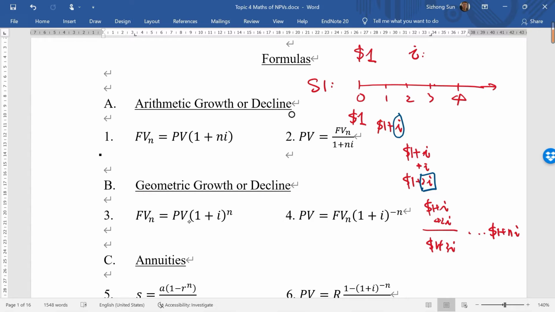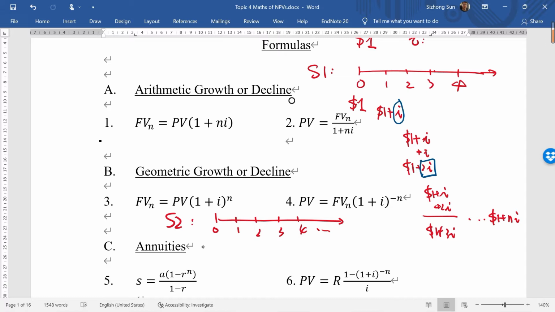Second strategy. Okay, again in the beginning I have $1. So in year 1, I get 1 plus i dollars because of the interest payment.